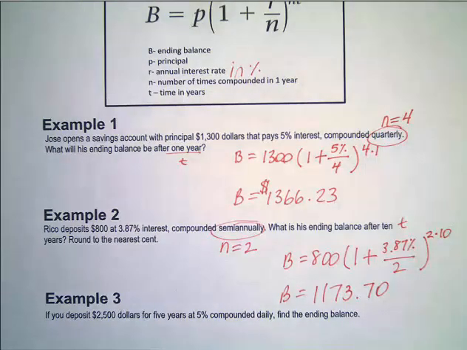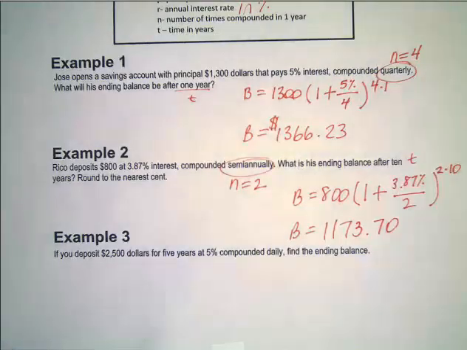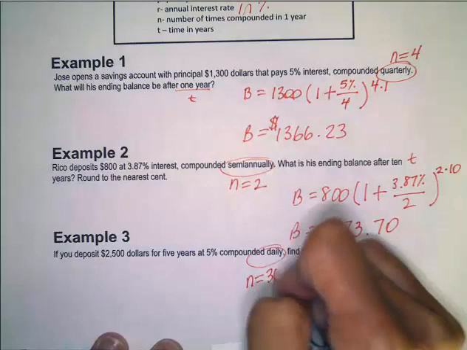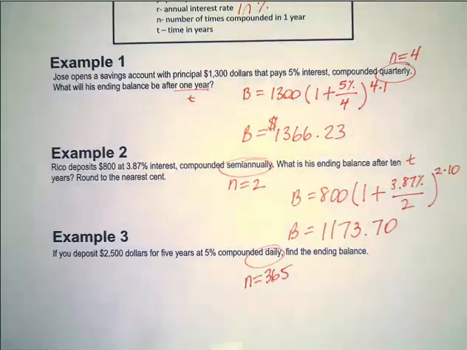All right, example 3. Now you're going to deposit $2,500 for 5 years at 5% compounded daily. So daily is 365. Find the ending balance.